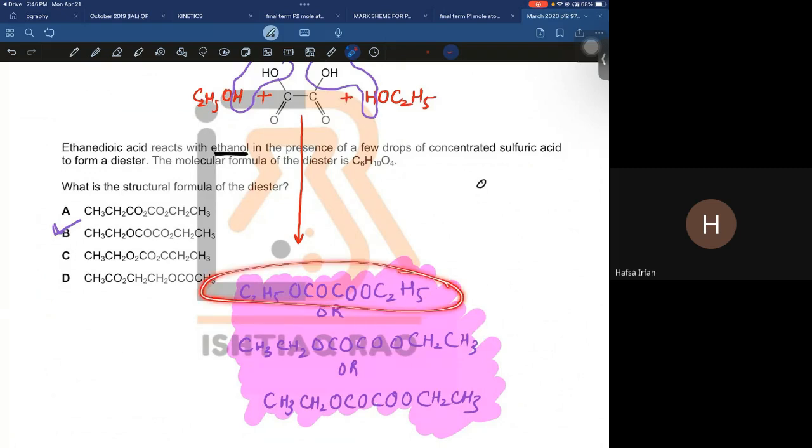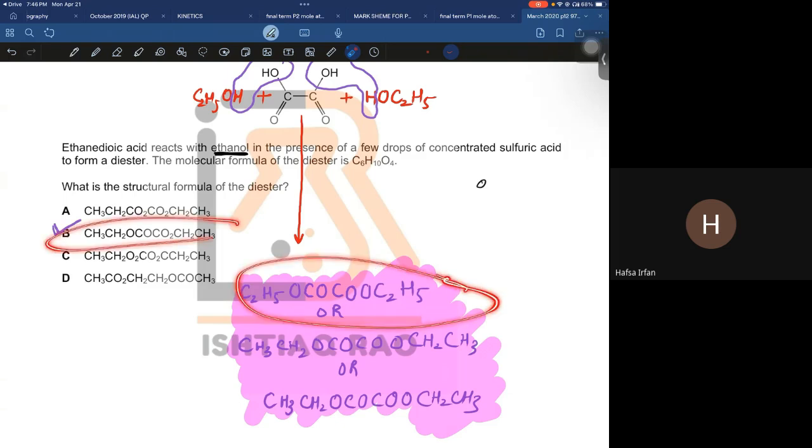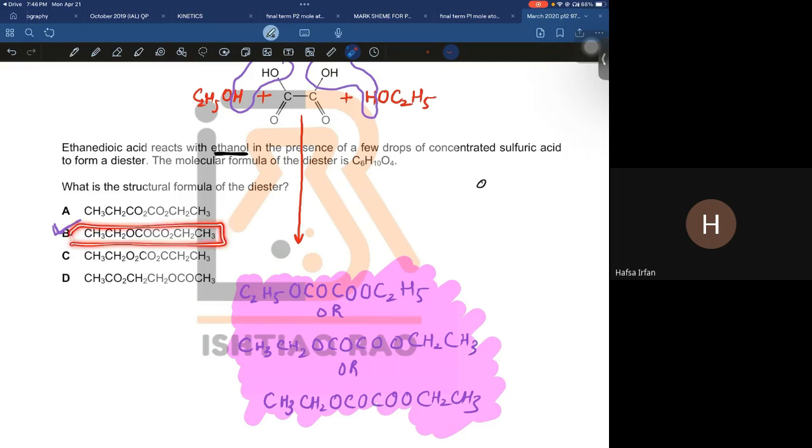After forming the diester, you can match your structural formula with the given structural formulas. It is going to match with option B. You can try it yourself as well. It's a good question because you must have a good grip on how to write down the structural formula.